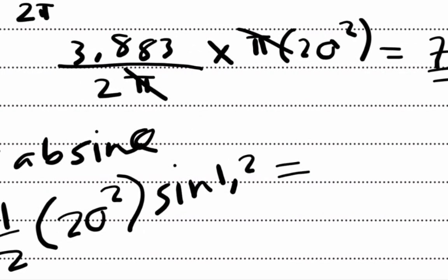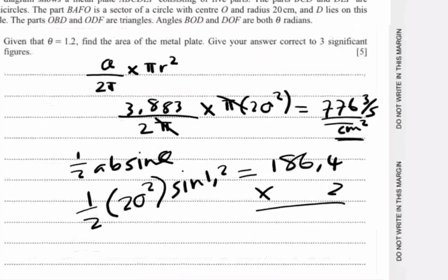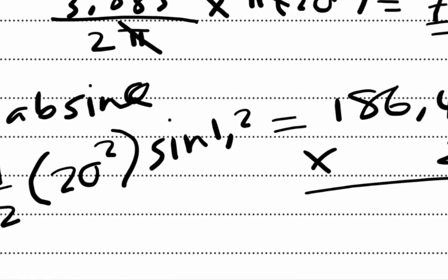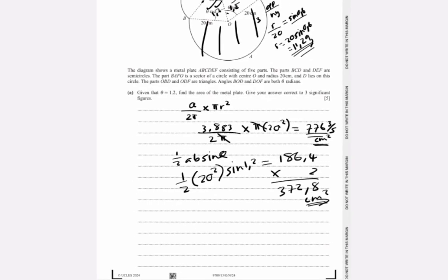That is giving us 186.4, and we're going to multiply this by 2 because we have two triangles that have the same dimensions. So that will be 372.8 square centimeters.